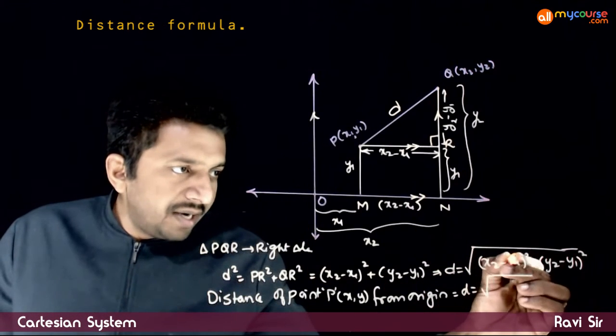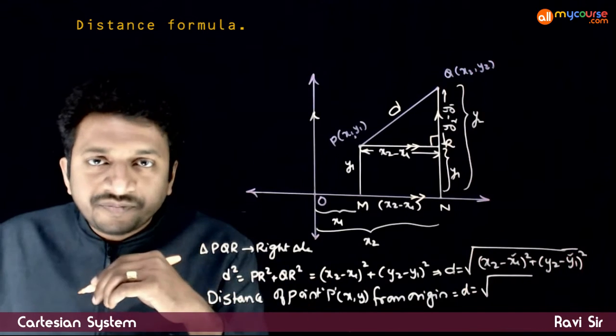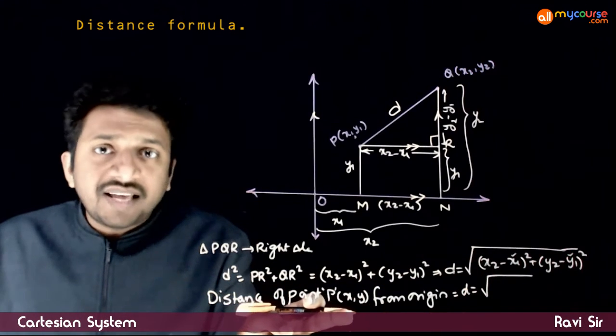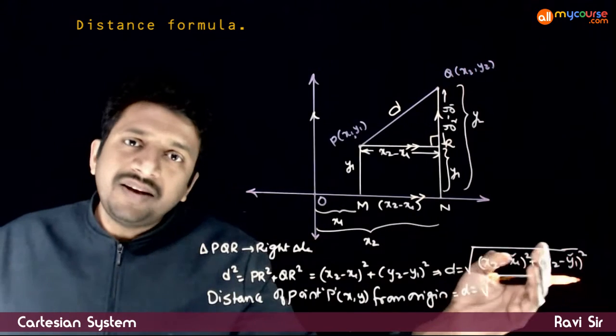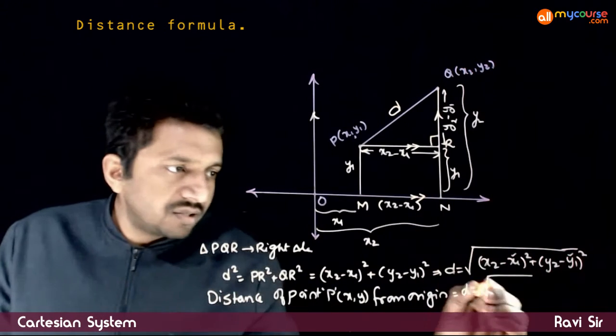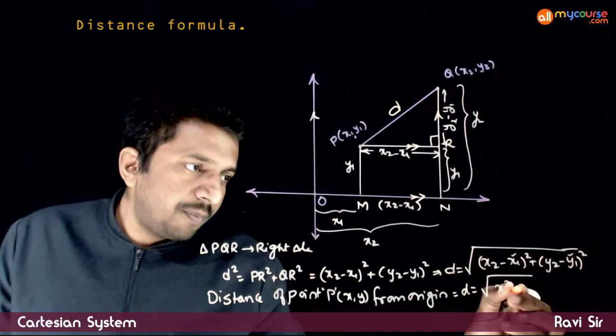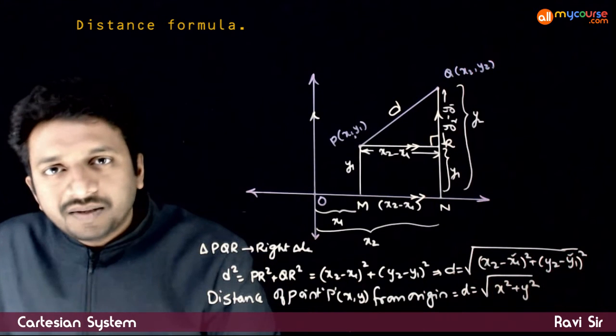So one of the coordinates will become 0, 0. The other coordinate we have set as x, y. So x minus 0, which is x, y minus 0, which is y. So square root of x square plus y square.